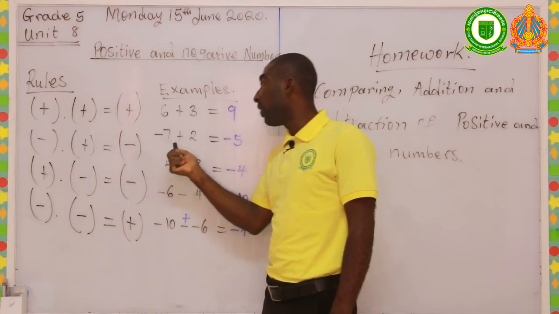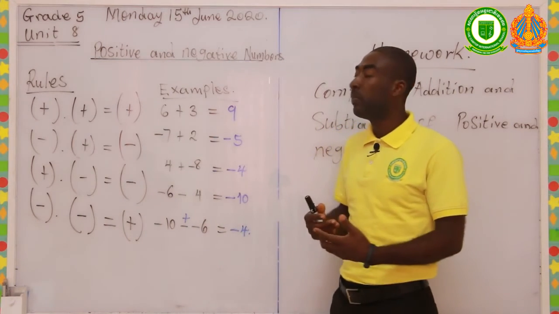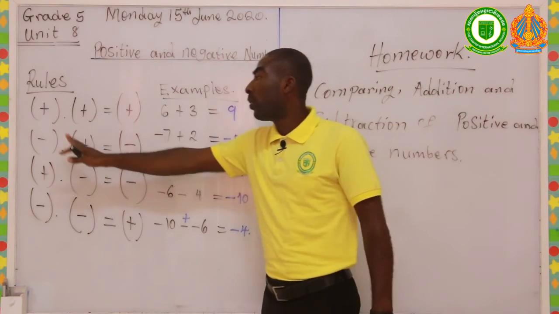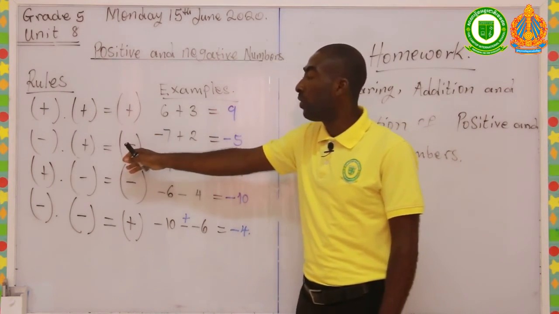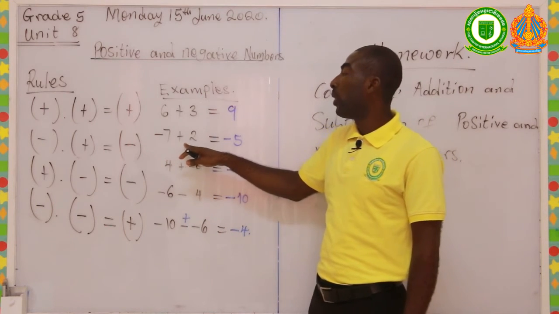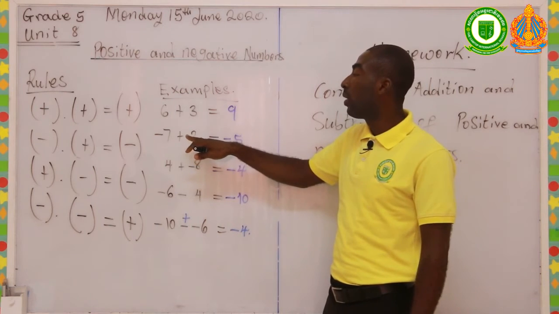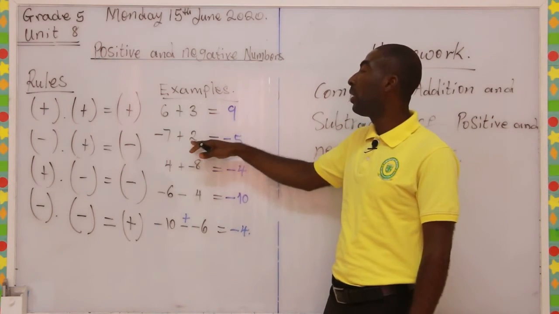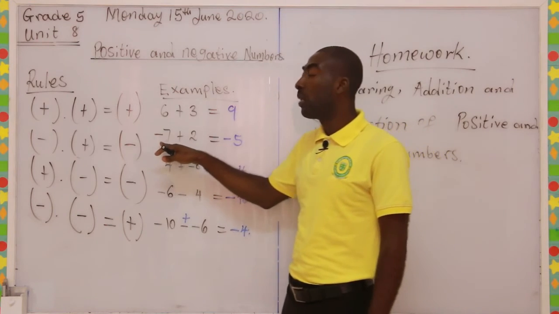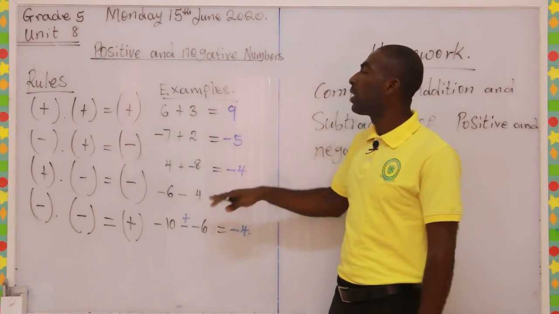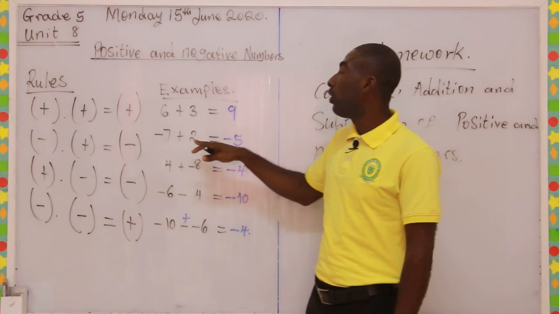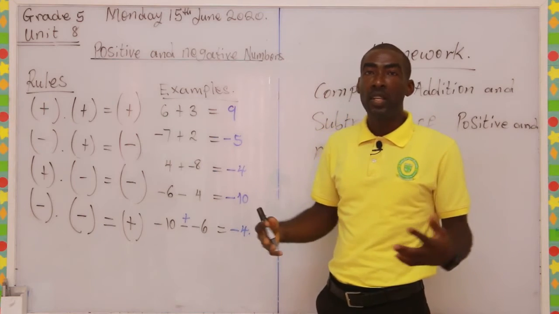When you have a negative and a positive coming together, your negative sign plays a major role, okay? So your negative and positive will give you a negative here. The difference here is that when the bigger number in the equation is positive and the smaller number is negative, it can change the rules and make your answer positive because your positive number is the larger number.